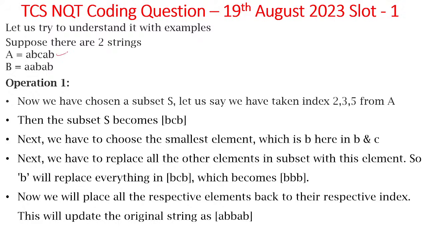Given a string A, B, C, A, B, we need to convert this into A, B, A, B. How should we do the conversion? In the first operation, you select a subset and always replace it with the smallest element in that subset. If it is replaced, everything becomes B, B, B. Then place it back into the original string, and the original string becomes A, B, B, A, B after the first operation.